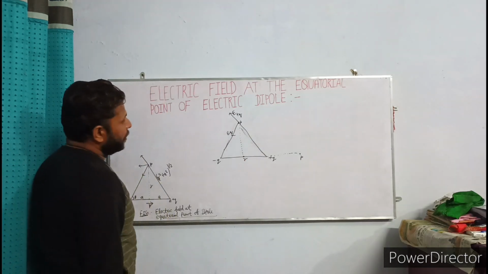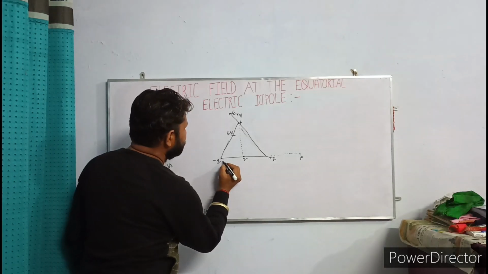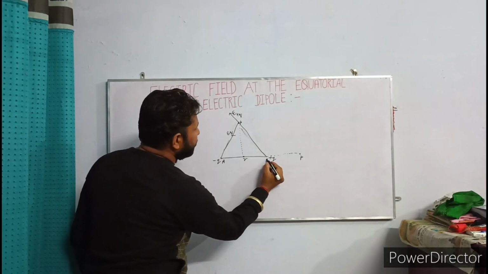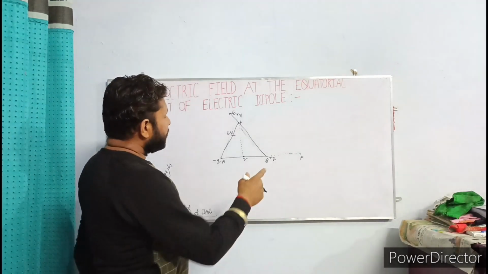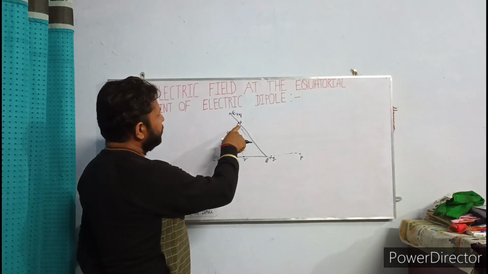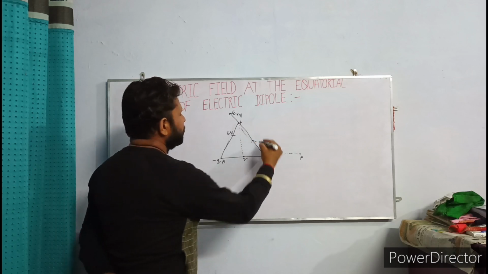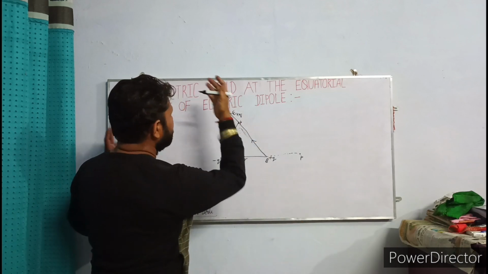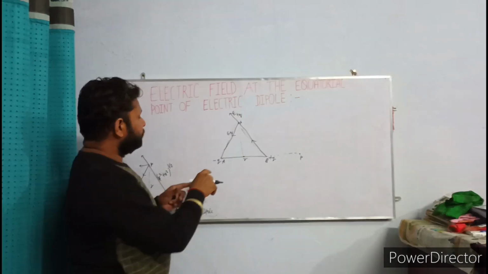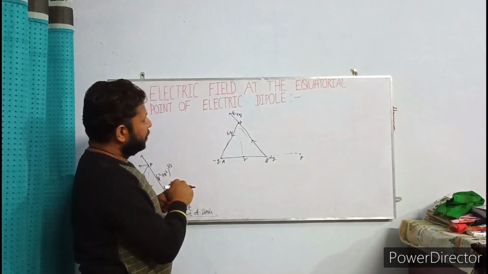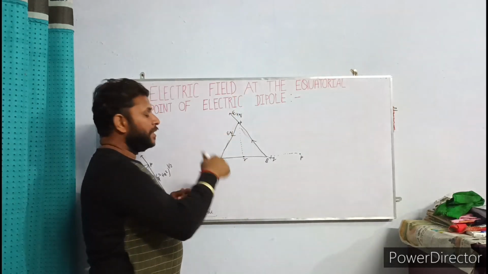Okay, students. Now here we can see that we assumed it is point B, and it is point P. The direction of electric field at point P due to plus Q charge is along BP. And the direction of electric field due to charge minus Q is along PA.